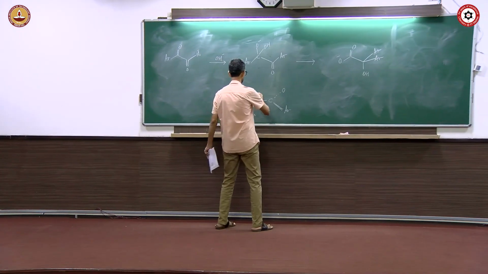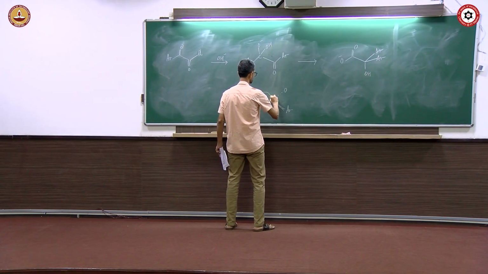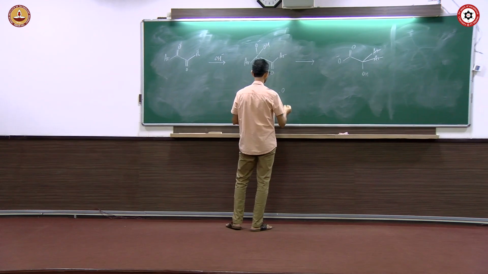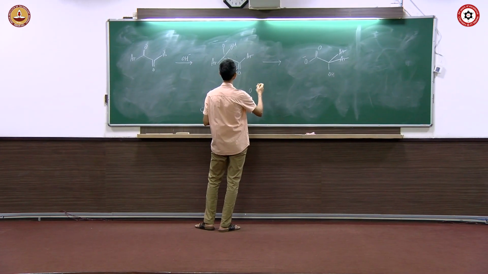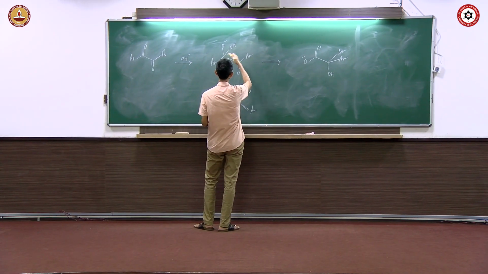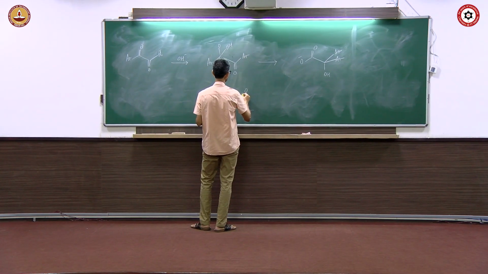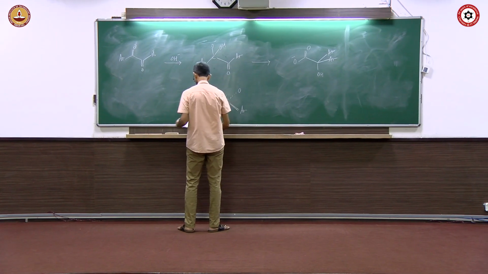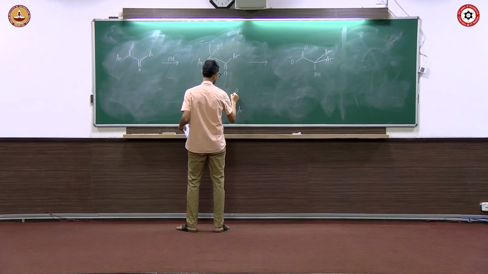Okay. So then this Ar migrates, and then you have this O minus, right? So when this migrates, this becomes O minus. So to start with, it is C=O.